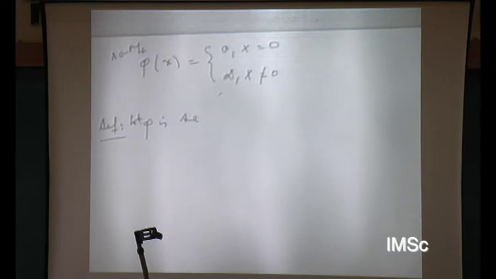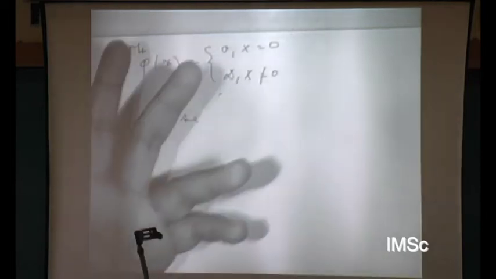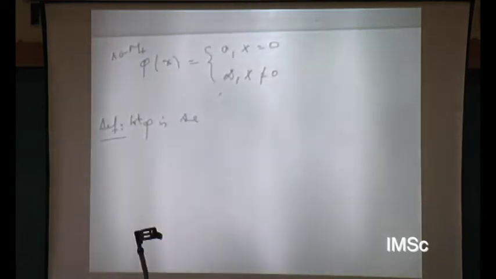If I want to rule that out, what kind of hypothesis on the measure can rule out such trivialities? That is finiteness. That is, the measure is finite, you are saying.